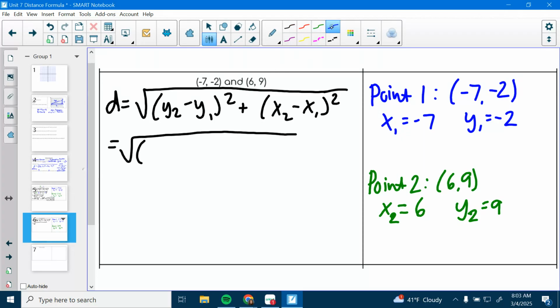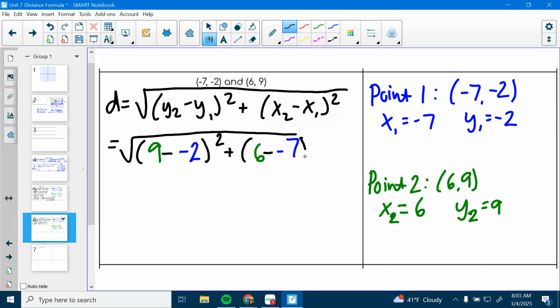So now I'm going to plug in my values into my equation. So I get 9 minus, my y value is -2, squared plus 6 minus a -7.